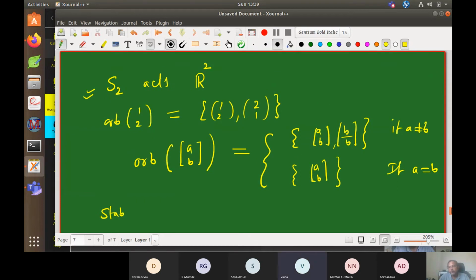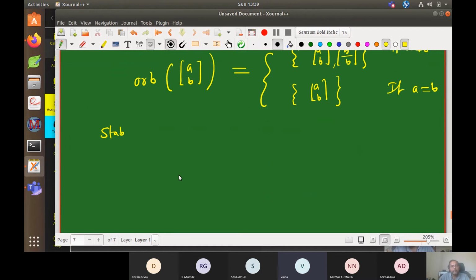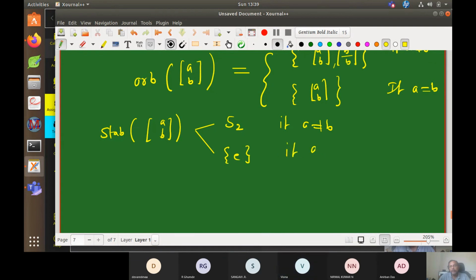If they are equal, then it is the whole group. The stabilizer of (a, a) is equal to S2. It is the entire S2 if a equals b; otherwise it is just the identity if a is not equal to b.